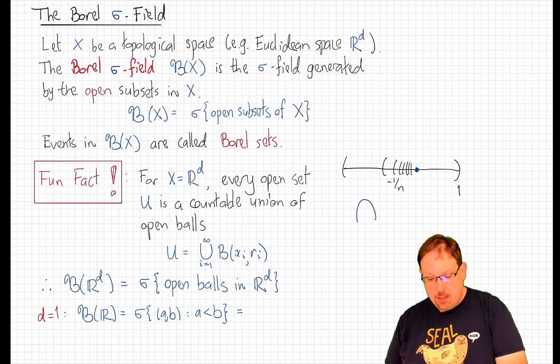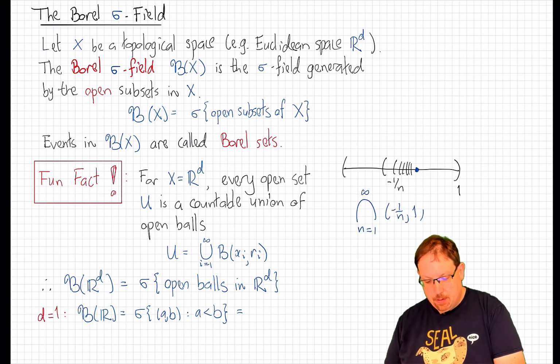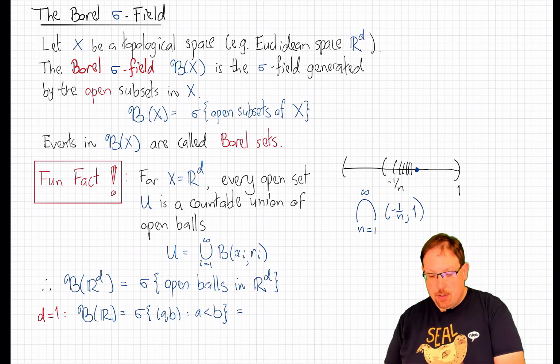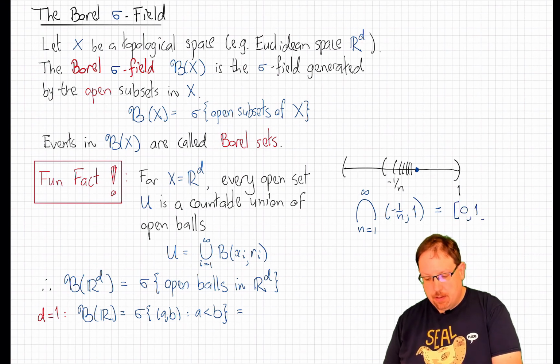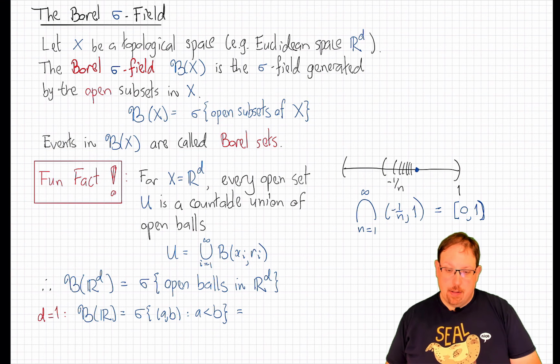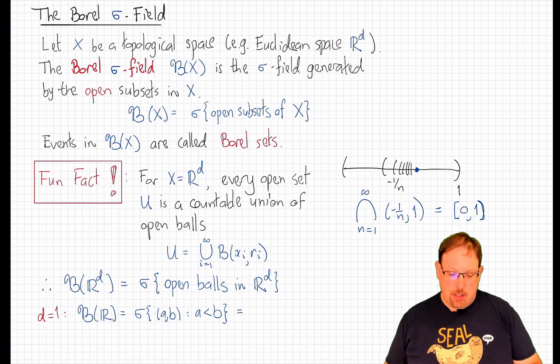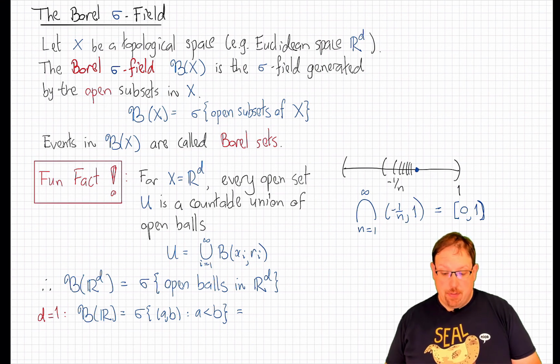What's the intersection of that countable collection? It's an intersection of open sets. However, the intersection turns out to be a half-open interval. Borel sets can be neither open nor closed, and they can be a lot weirder than this as well, as you iterate this construction, taking complements, taking countable unions and intersections. And we'll go into some of the structure of that as we go.